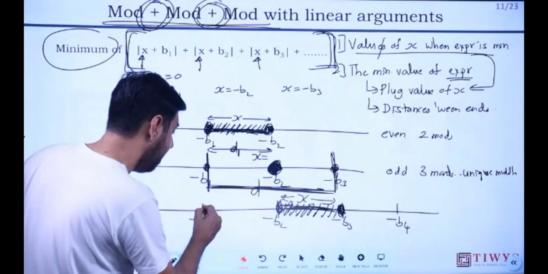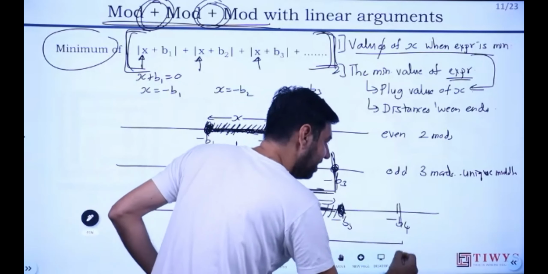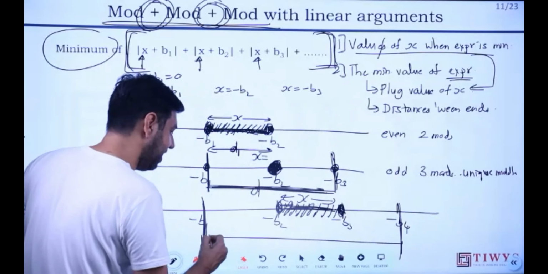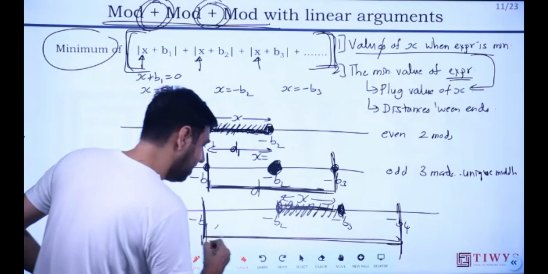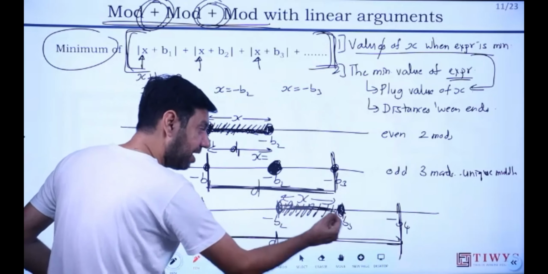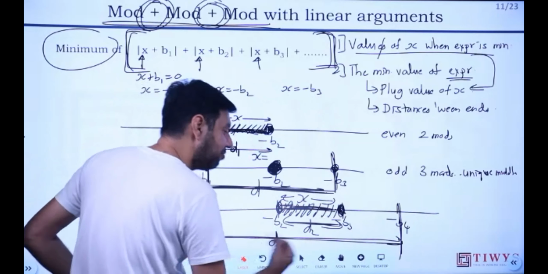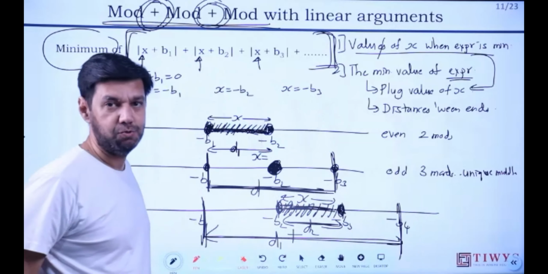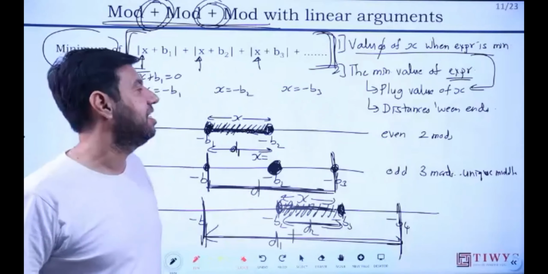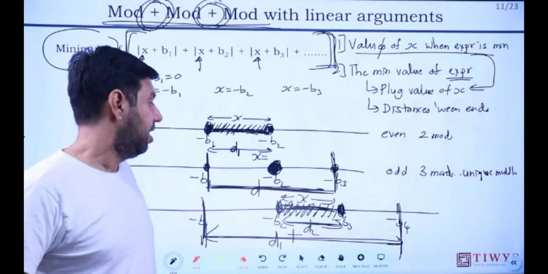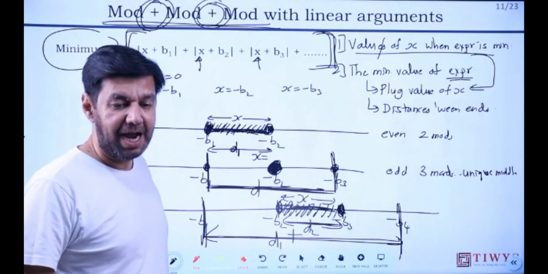Here, pay attention: the distance between this end and this end is D1. Now there are 2 points left, and the distance between them is D2. So D1 plus D2. I think this is an easier way. Just add it up, right?